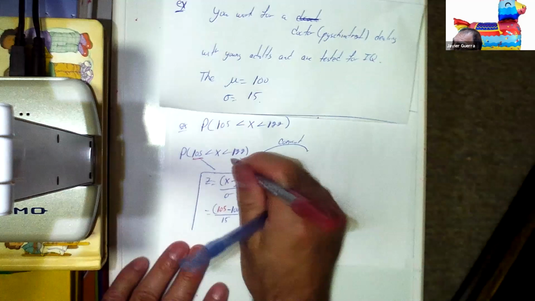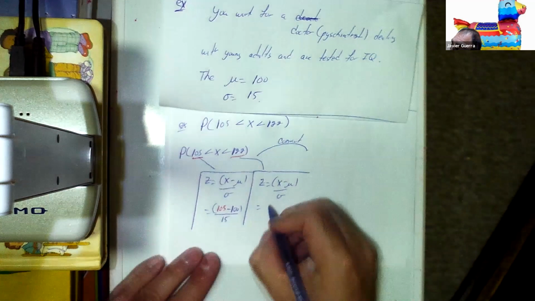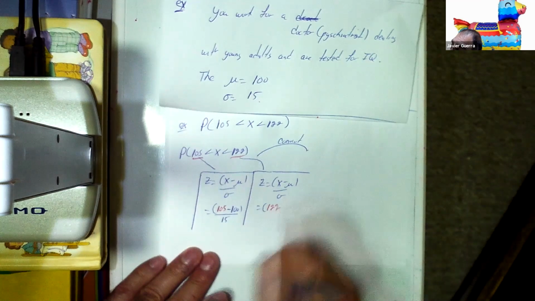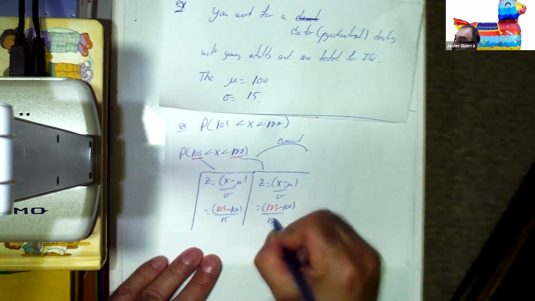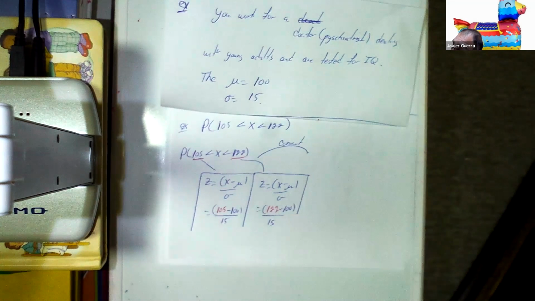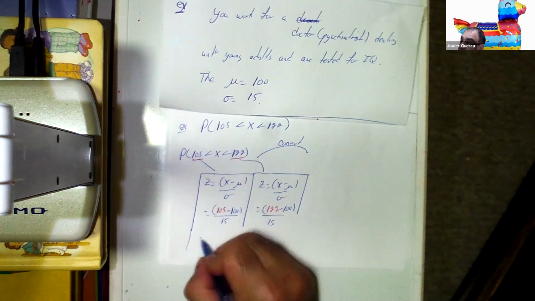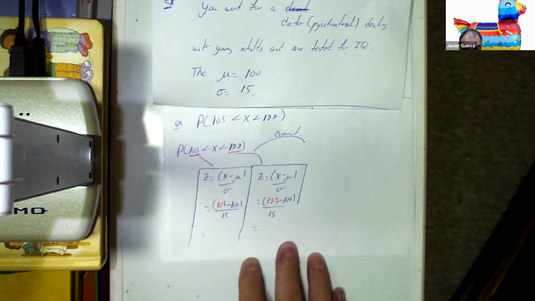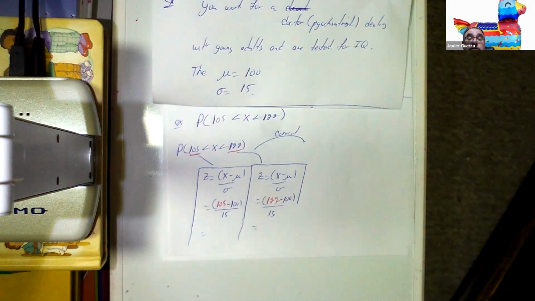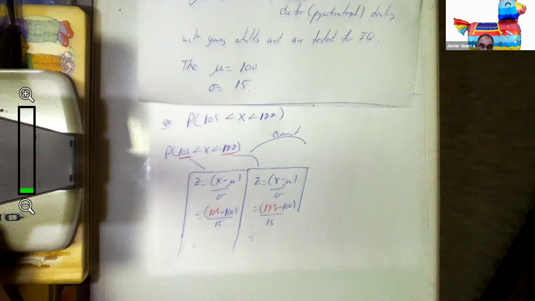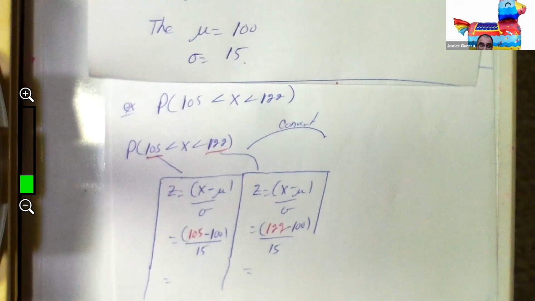And then this one I'm going to do 122 minus 100. And I have to calculate each one. I'm going to get two answers, because we have two numbers. And we plug it in. Here we go. I'll do the first one. 105 minus 100 divided by 15.